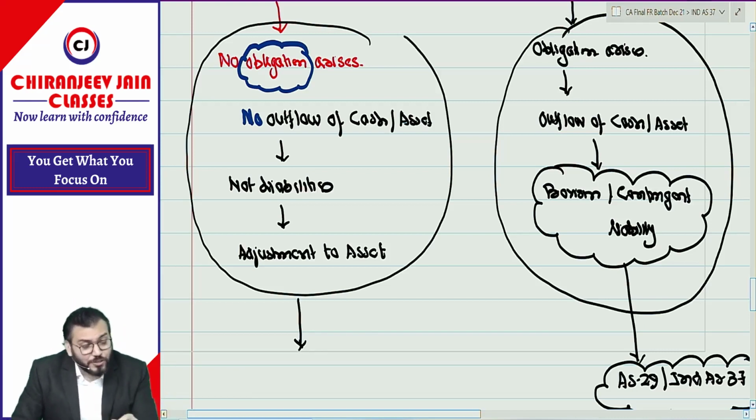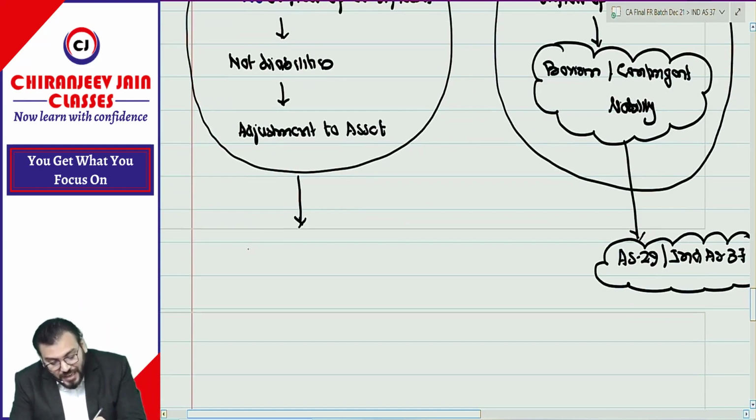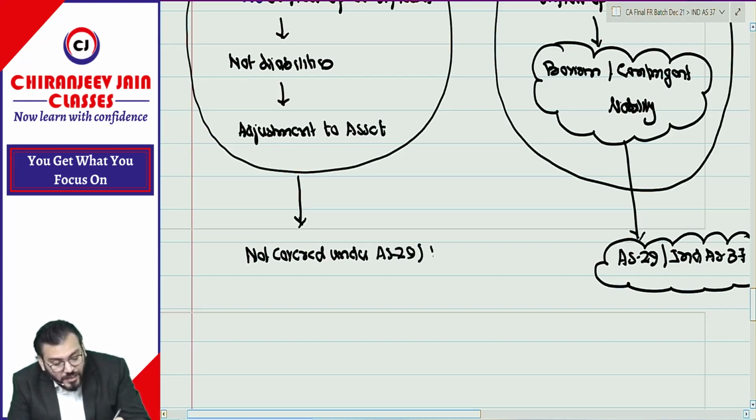But can you say both are expected losses recognized based on the conservatism principle? Means we are applying the conservatism principle for both parts. Correct? But for the first part, it is not covered under AS 29 or Ind AS 37.